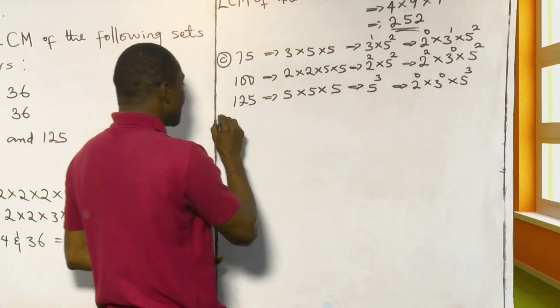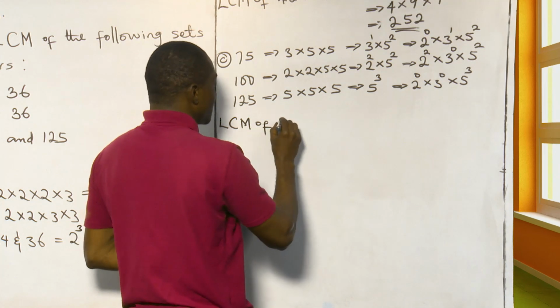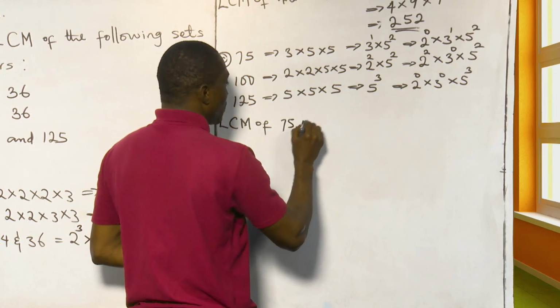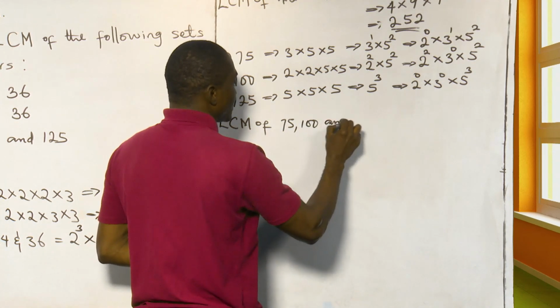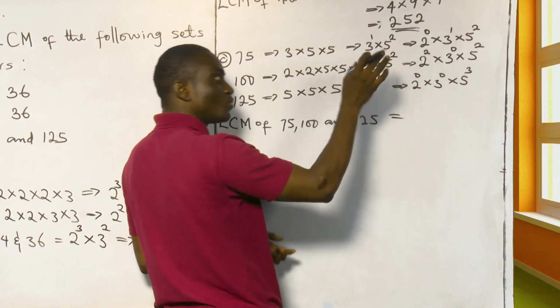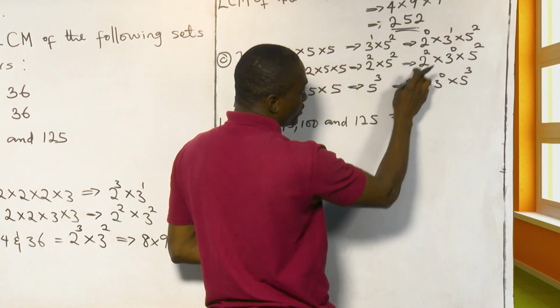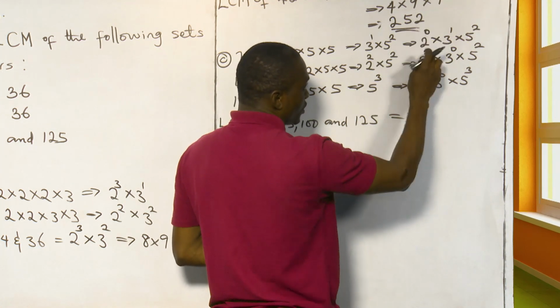Now we want the LCM of 75, 100, and 125, which will be the base with the highest power. This 2 raised to power 0, this 2 raised to power 2, this 2 raised to power 0.